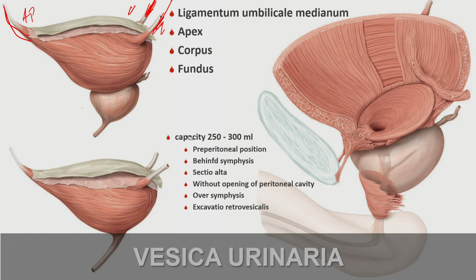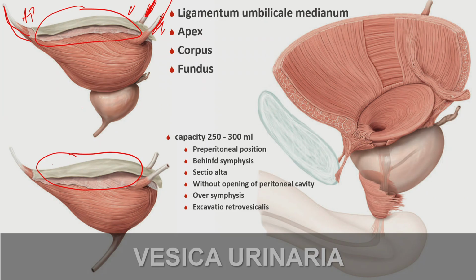The urinary bladder itself is localized pre-peritoneally, in the pre-peritoneal space, but faces the peritoneal cavity at the dome and the roof of the urinary bladder, where we have peritoneal coverage also.